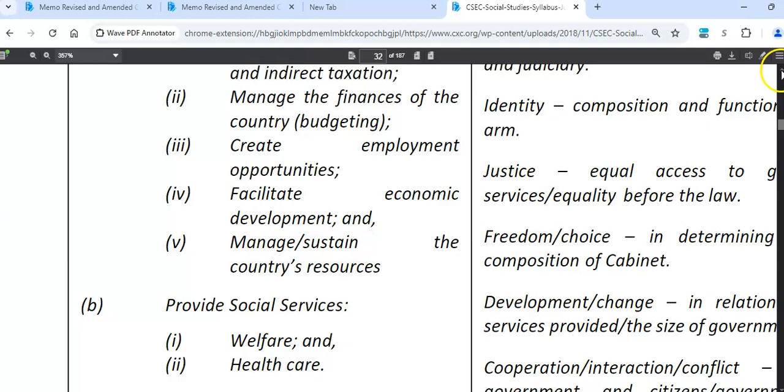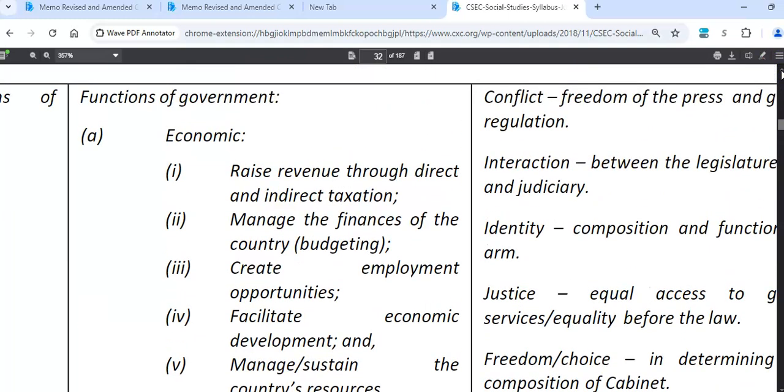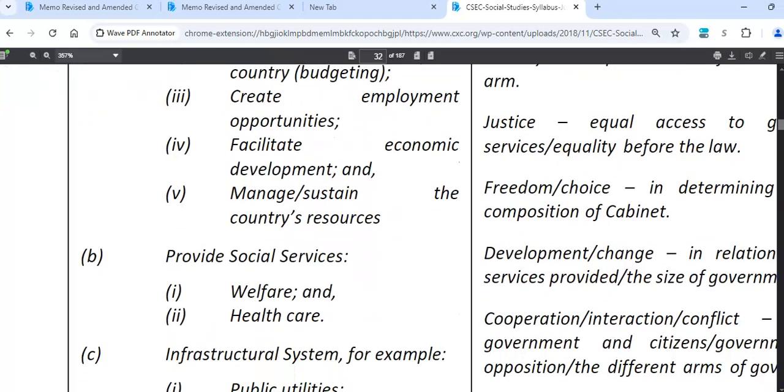So when we look at the economic functions of government, these include, it is a function of government to raise revenue through direct and indirect taxation, to manage the finances of the country through budgeting, to create employment opportunities, to facilitate economic development.